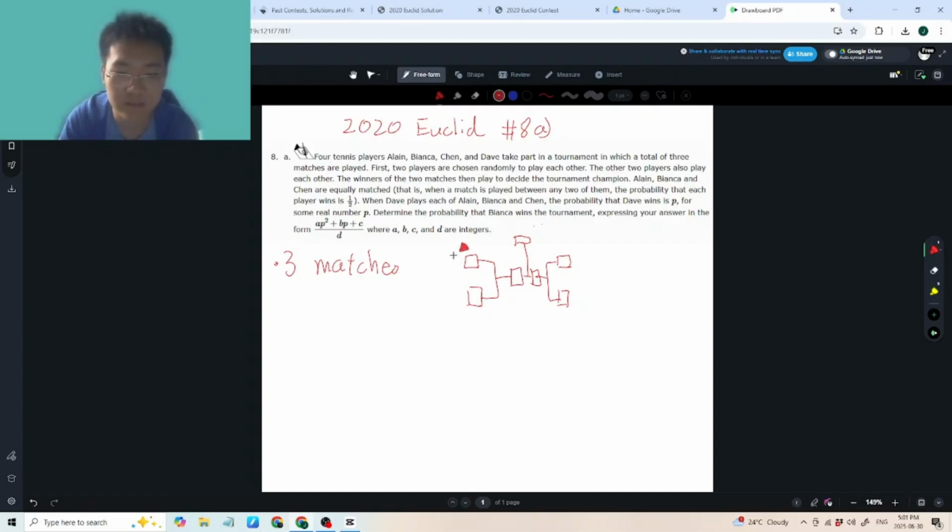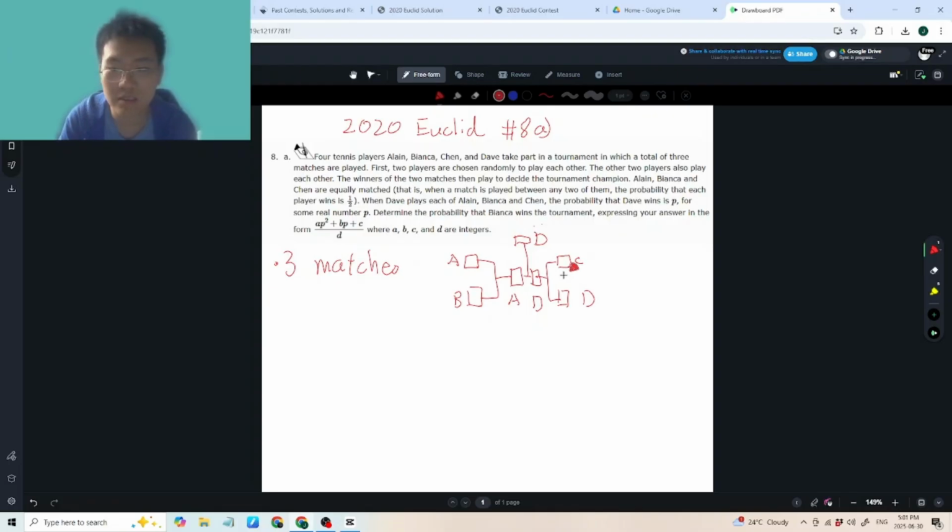Let's fill it in. Suppose A and B play each other, and C and D play each other for the first round. Then suppose A wins on this side, and D wins on the other side. And suppose in the second round, D beats A and wins the whole tournament. That is an example of a tournament that could possibly unfold.